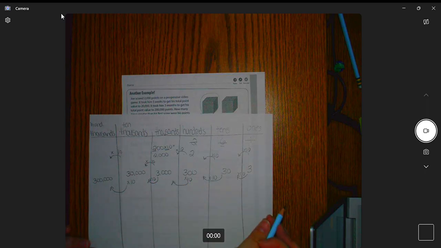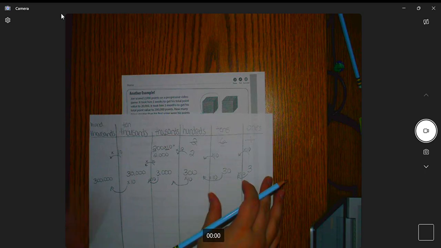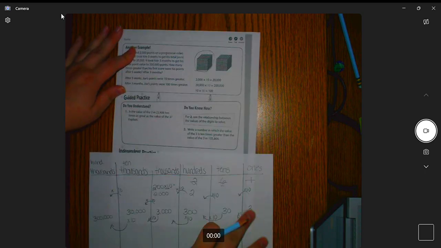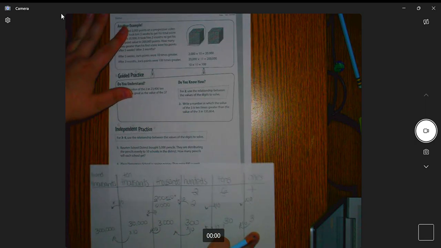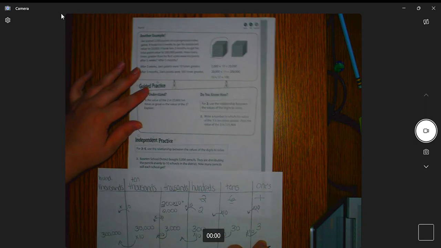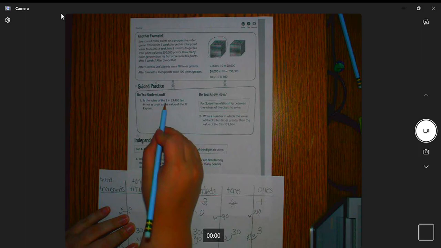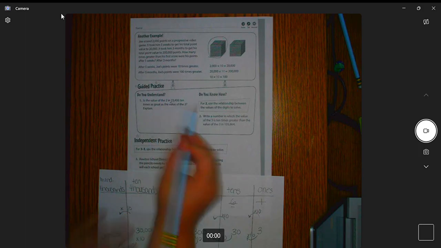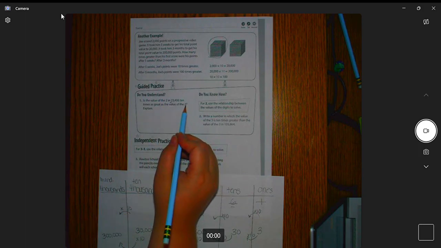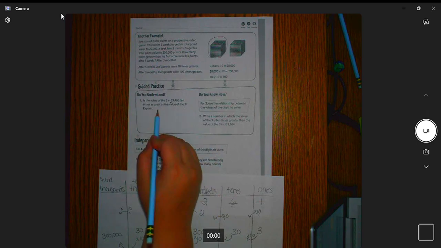So let's look at this activity. Let's look at this first question. Is the value of the 2 in 23,406 10 times as great as the value of the 3?